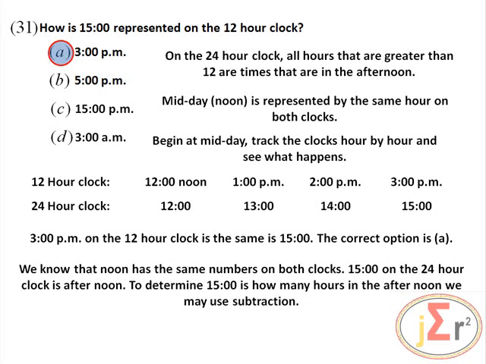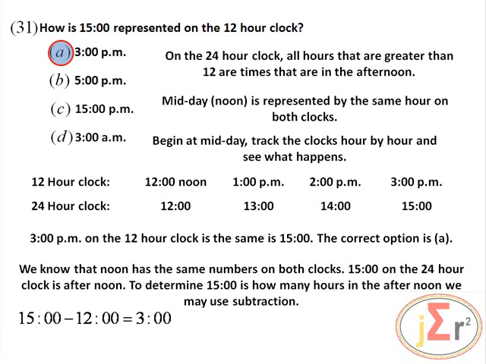To determine 1500 hours is how many hours in the afternoon, we may use subtraction. Remember now, we know that 1500 hours is afternoon. So what is noon? Of course we know what noon is. Noon is 12 o'clock on the 12-hour clock and 1200 hours on the 24-hour clock. So we're going to say 15 minus 12, and that is 3.